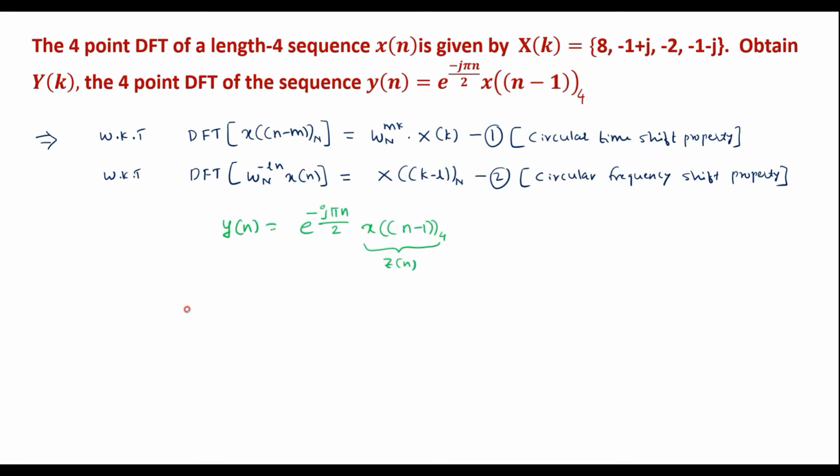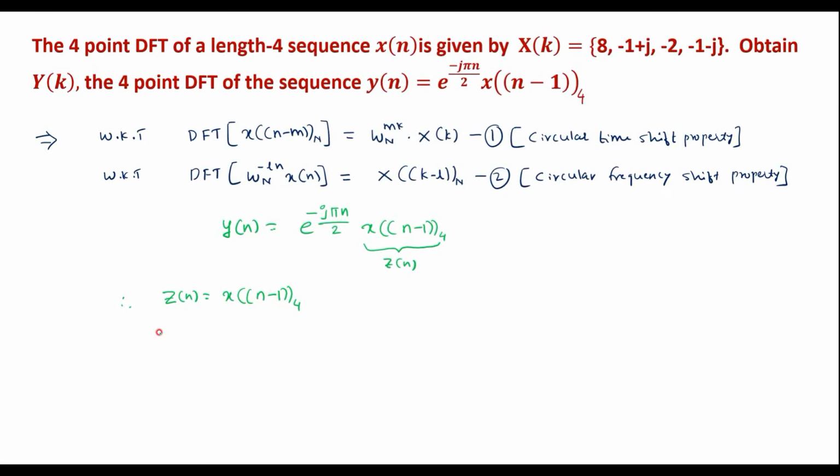Therefore, I can write z of n is equal to x of n minus 1 modulo 4. When we compare this expression with equation 1, it is like the circular time shift property where m value is equal to 1.